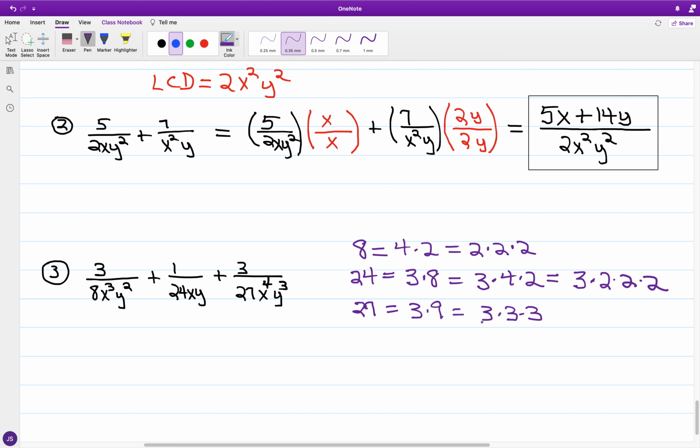Okay, and now for what we have in the case of the prime factors, we have 2 and 3. And the variable factors we have are x and y.